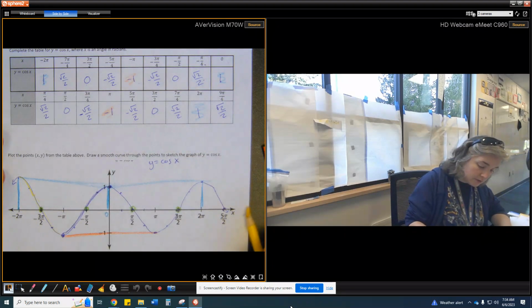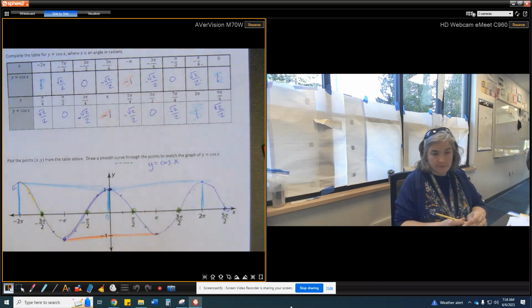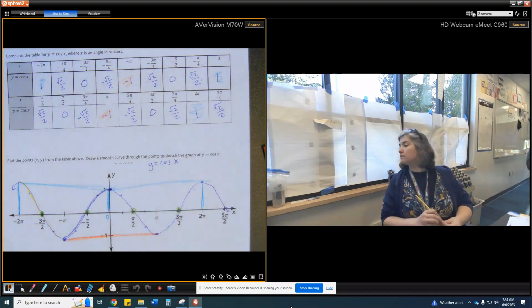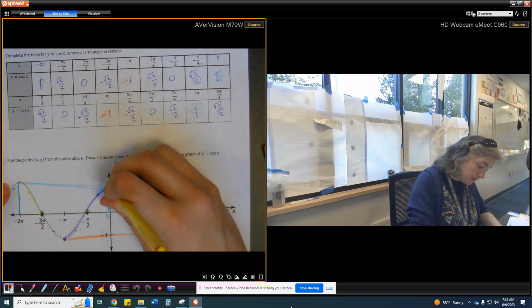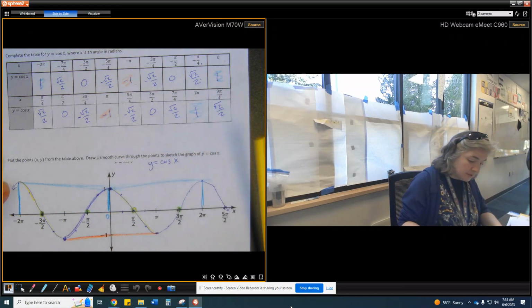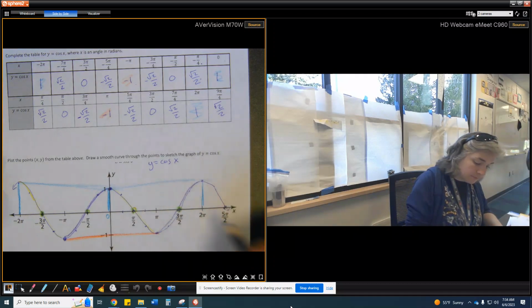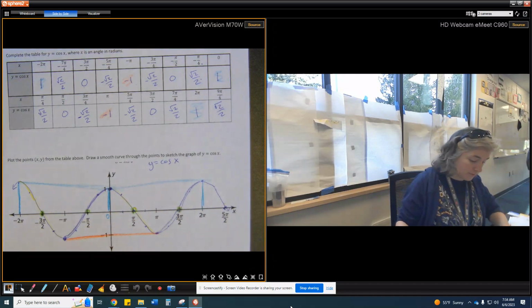And now I have a decreasing interval again. And then I have another increasing interval right here, and I'm at 2 pi, so we call it good.